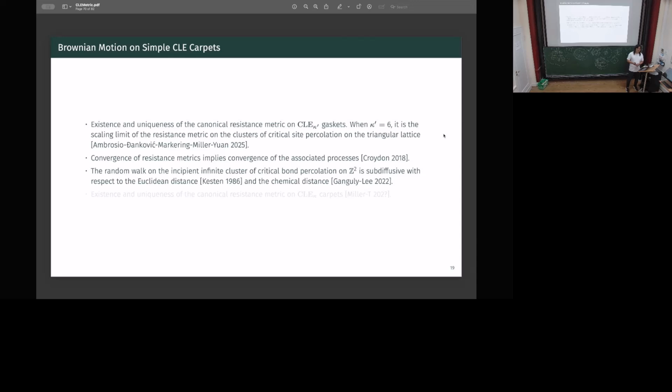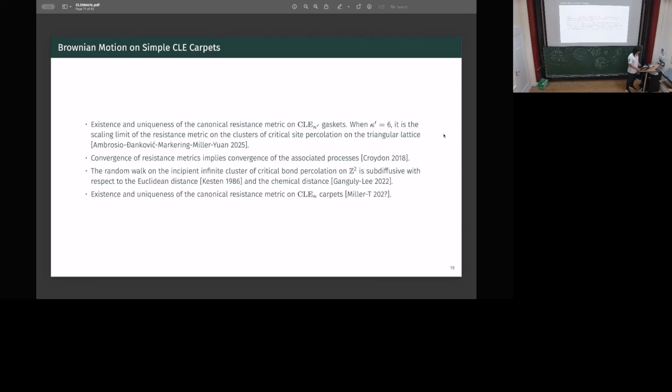Do you know this? For other kappa prime? I think the Brownian motion for kappa prime should be subdiffusive. Good question. I don't think we have shown this, but it should be. So it should be true for all kappa prime, but now we have some result from Kirsten. We know that it is true for kappa prime equal to 6 now.